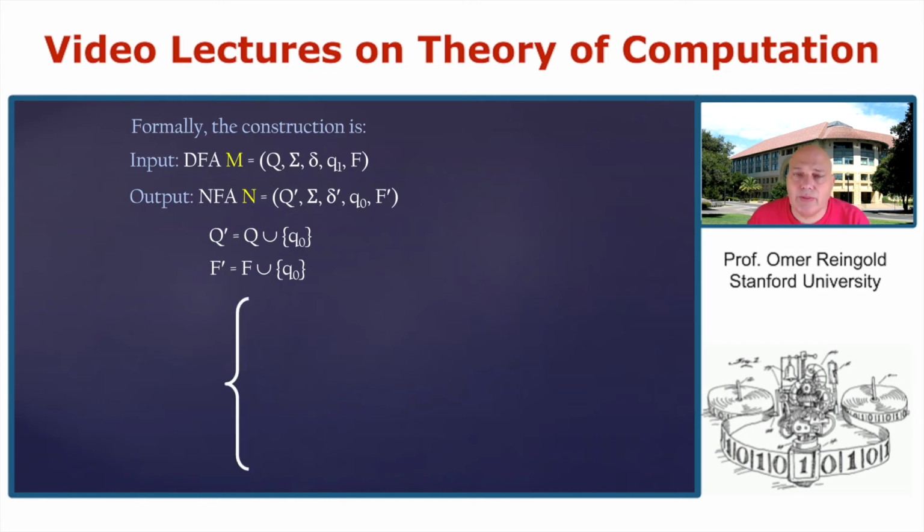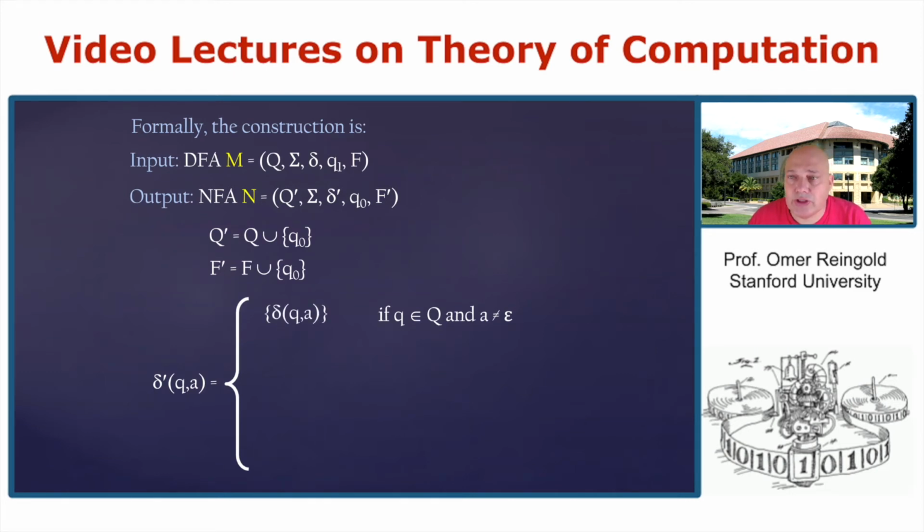Now let's talk about the transition. The transition from Q and A is as follows. If Q is an original state, and the transition is on any alphabet symbol that is not empty, then we're just going to do the transition we had before.